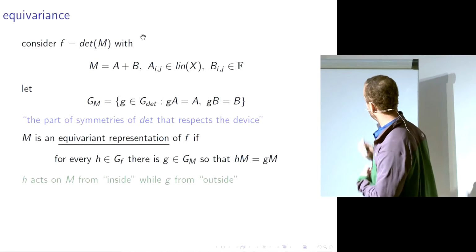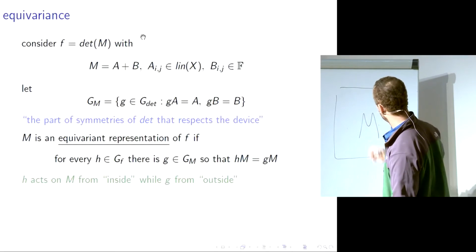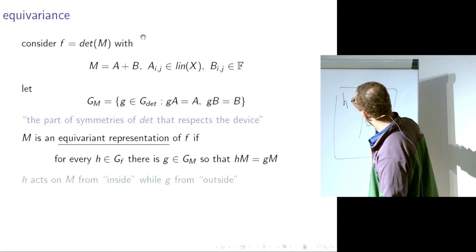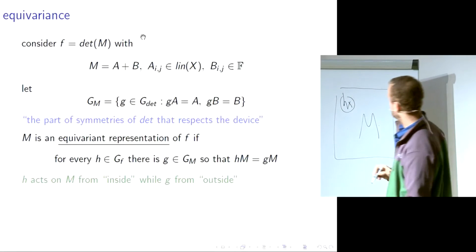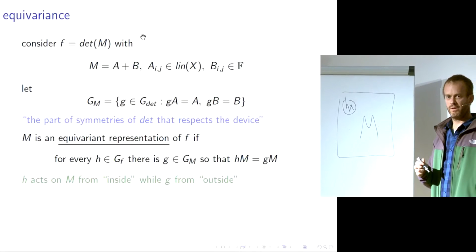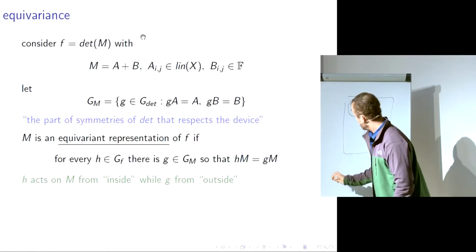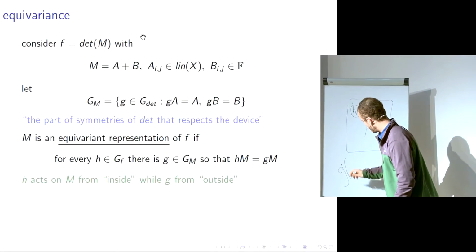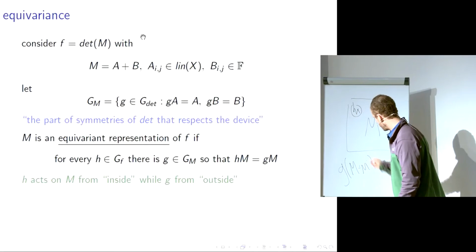So let's look at this matrix M. H acts on the variables, so every entry is replaced by something like H of X, every individual entry. G is a map like this.